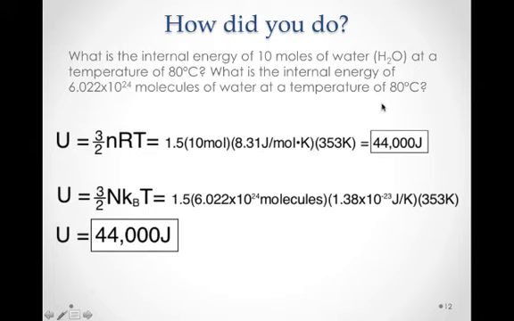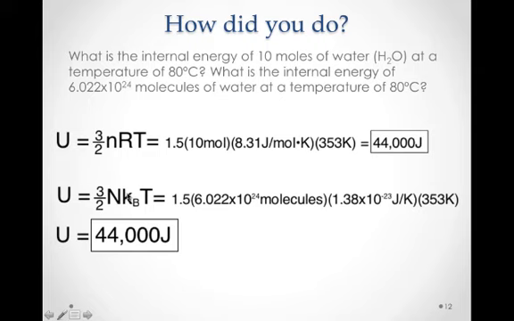And then, of course, we had to translate 80 degrees, add 273 to 80 to get the 353 Kelvin. And plugging all in, we get 44,000 joules. So that's quite a bit of water, and that's quite a high temperature. And so that's an awful lot of energy stored in that bunch of water molecules there, or moles of water.